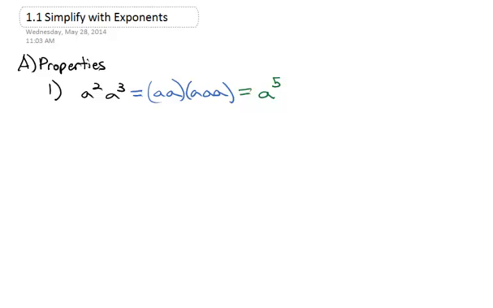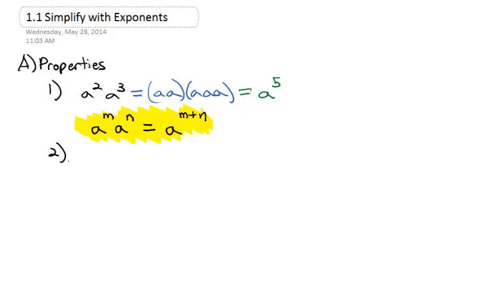And hopefully you remember from your algebra experiences that when we've got two bases that are the same, a to the m times a to the n, we add those exponents together, m plus n. So this is our first exponential property, adding exponents from the same base.